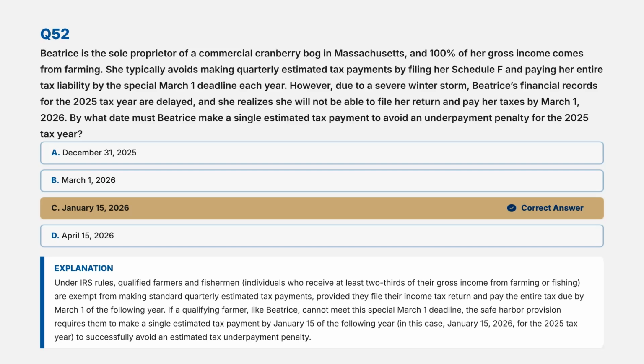If a qualifying farmer like Beatrice cannot meet this special March 1st deadline, the safe harbor provision requires them to make a single estimated tax payment by January 15th of the following year. In this case, January 15th, 2026 for the 2025 tax year to successfully avoid an estimated tax underpayment penalty. Excellent. Let's move on to question 53.